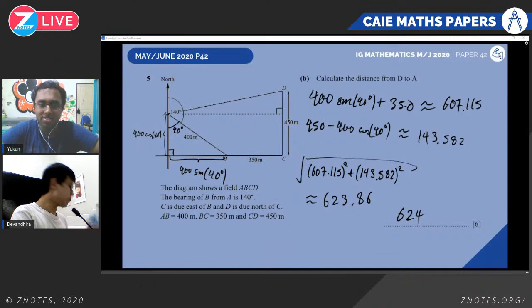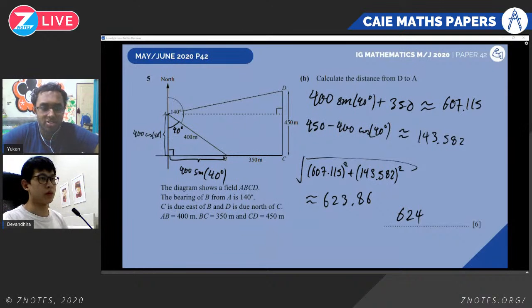To do this question, you have to have a good understanding of triangles, angles, and their relations with sine, cosine, and tan. This is a really important thing that you have to revise, because some questions, like this one, are 6 marks.